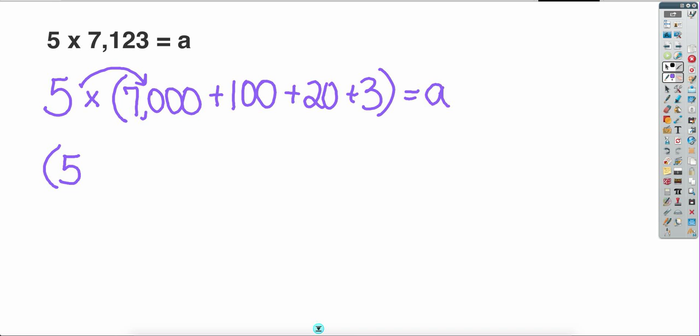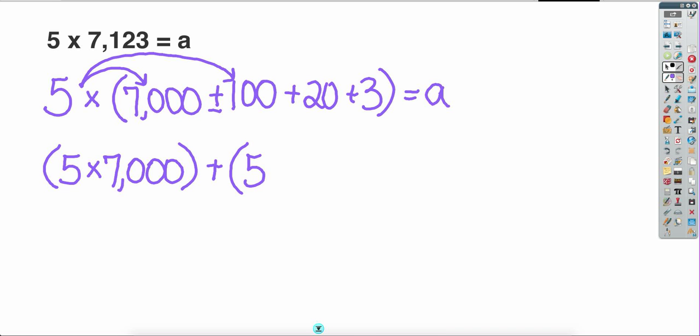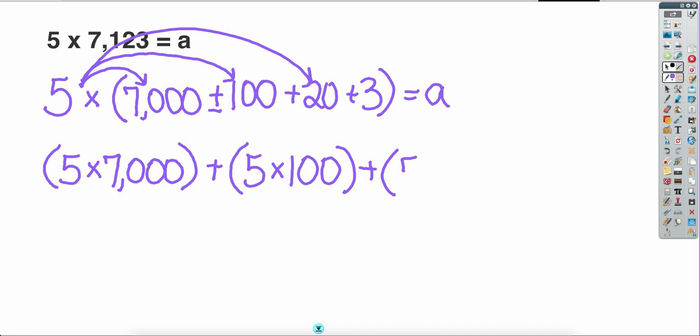So distribute, close parentheses, addition, right? We're going to add. Now I'm going to distribute again, 5 times 100. So take your time, distribute to one value at a time. So I really need to know my 5 facts.